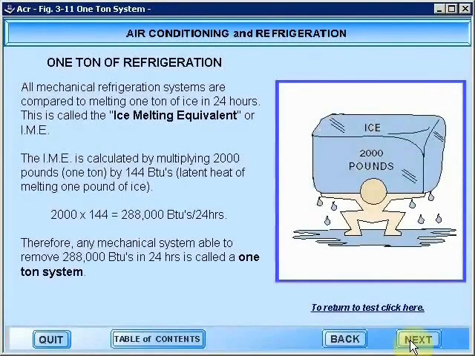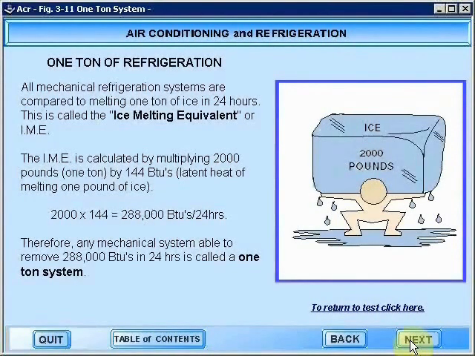All mechanical refrigeration systems are compared to melting 1 ton of ice in 24 hours. This is called the ice melting equivalent, or IME. The IME is calculated by multiplying 2,000 pounds, which is 1 ton, by 144 BTUs. This is the latent heat for melting 1 pound of ice.